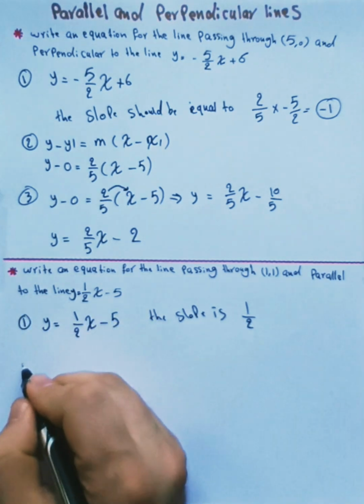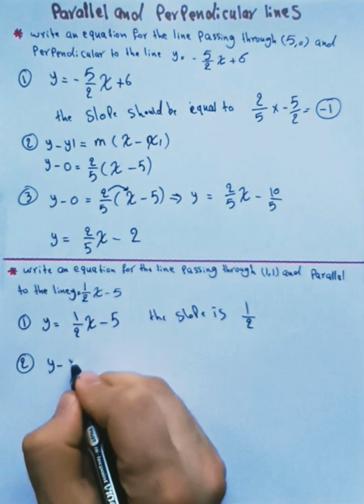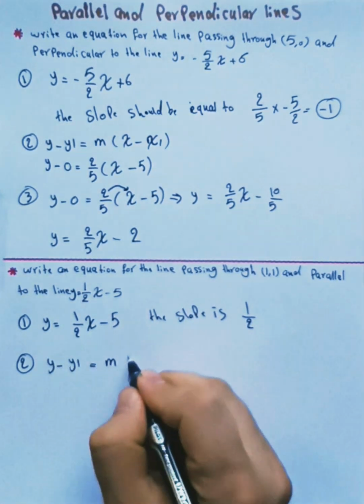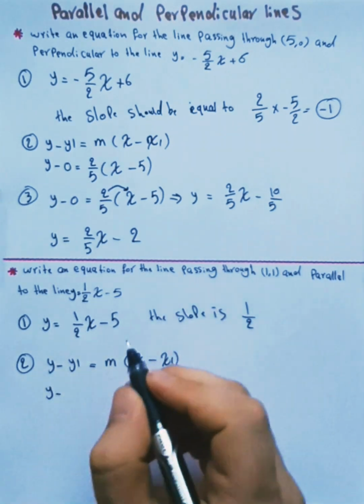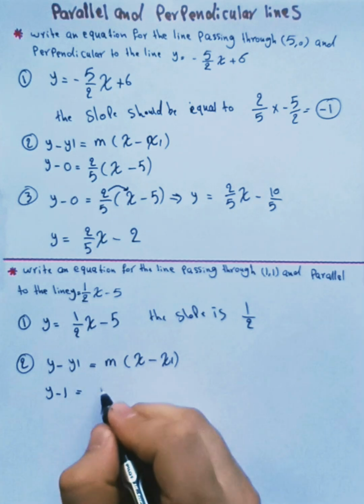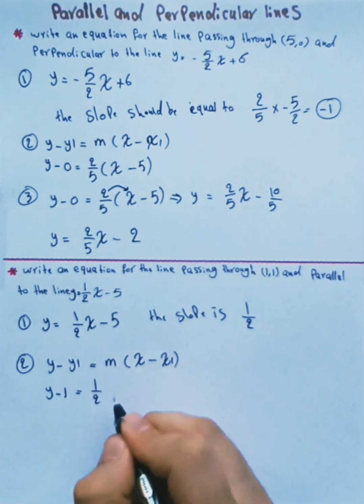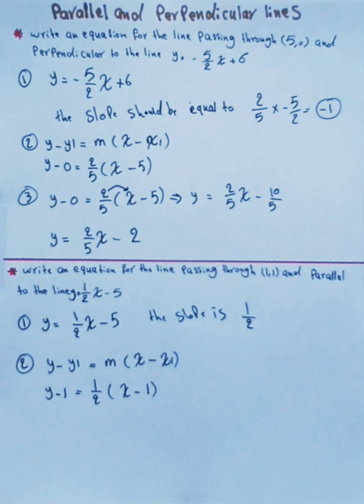The second step, we have to write the equation in point slope form. y minus y1 equal to m times x minus x1. So y minus y1 is 1 equal to the slope, 1 out of 2, times x minus x1, which is 1.